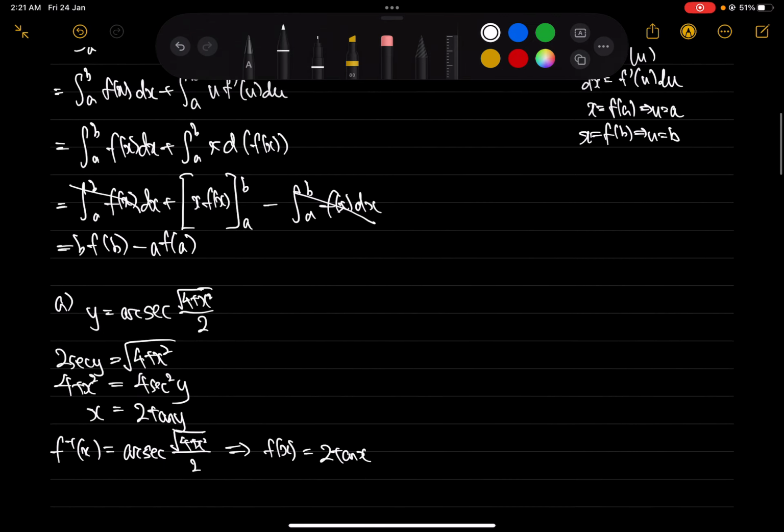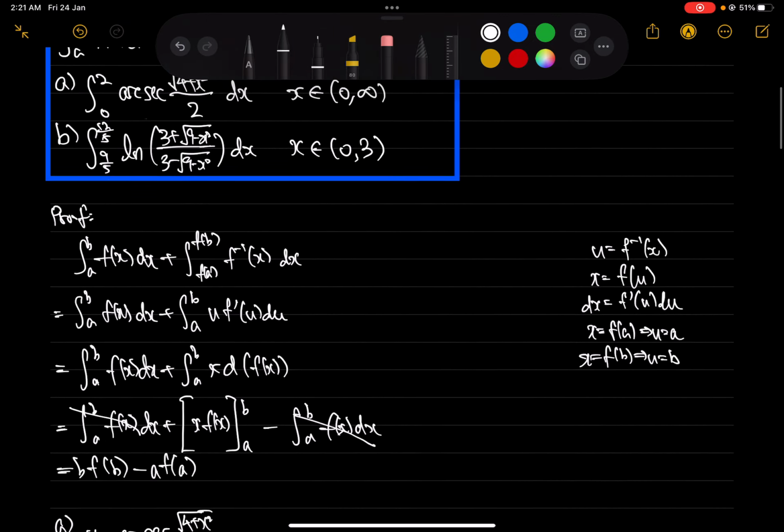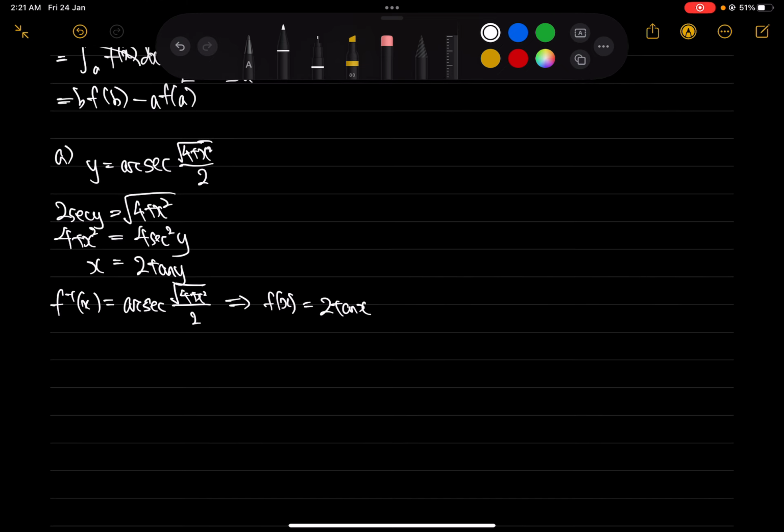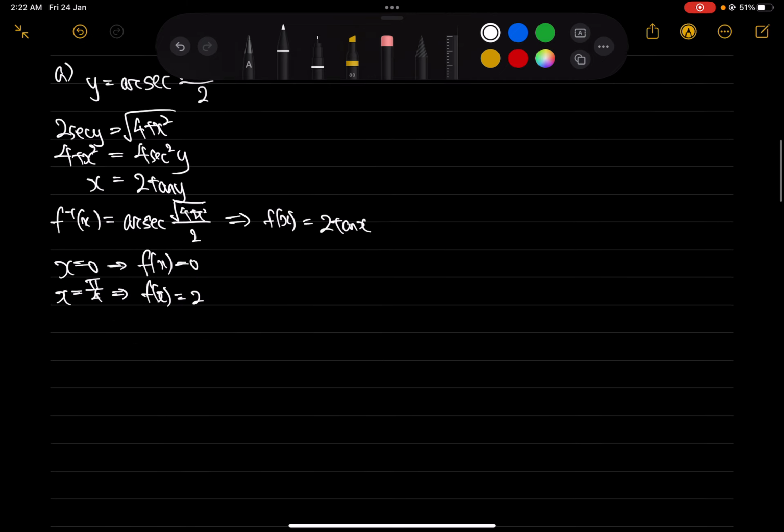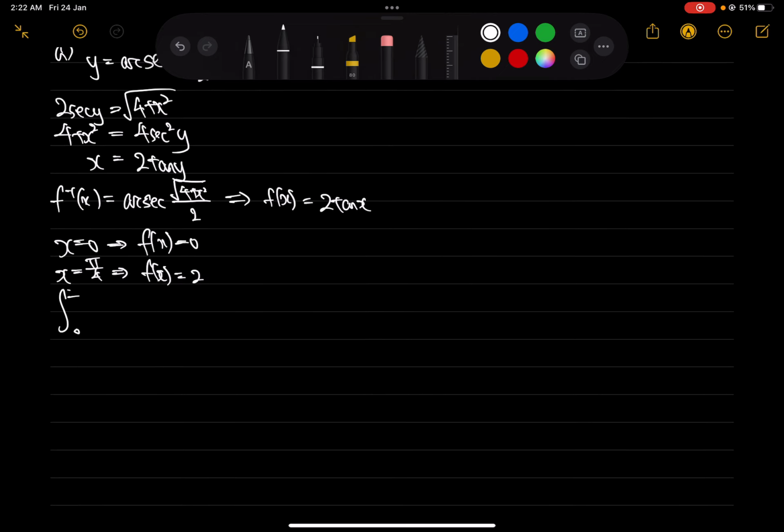And then obviously x is 0 implies f(x) is 0, x is pi over 4 implies f(x) is 2. So now we could say that this is true.